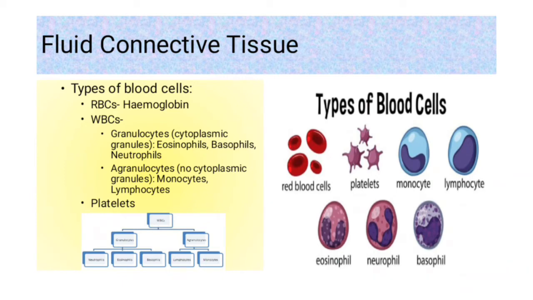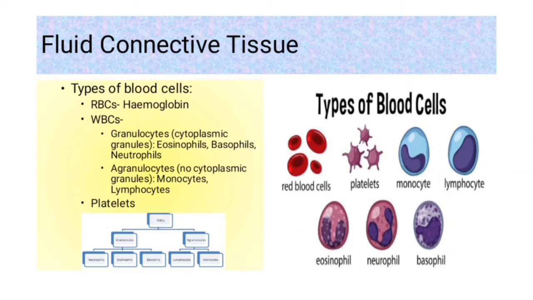Granulocytes can be further divided into eosinophils, basophils and neutrophils. Eosinophils are cells stained by acidic dyes. Basophils are stained by basic dyes, while neutrophils are not stained by either dye, acidic or basic.